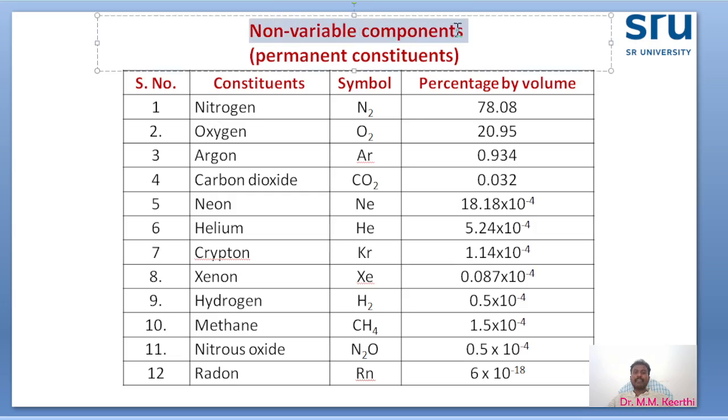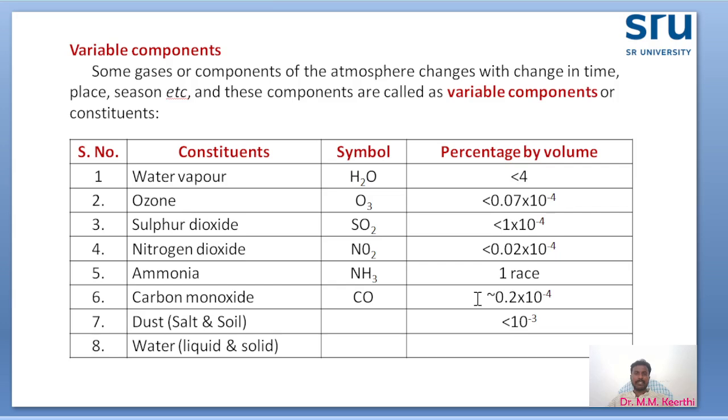Okay. What are the non-variable components? Permanent constituents: nitrogen, oxygen, argon, carbon dioxide. These are all the permanent constants. Almost 12 gases come under permanent constants, and throughout the entire globe the percentage will be the same.